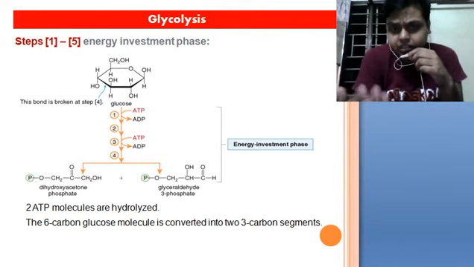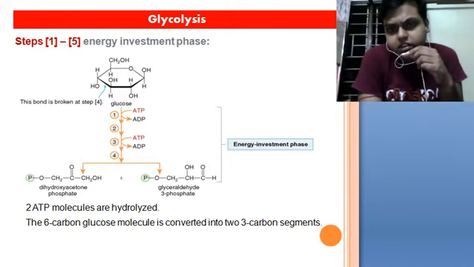In reactions 1 and 3, marked here, ATP is converted to ADP, that is where 2 ATP are utilized. In this first portion of glycolysis, the energy investment phase, the cyclic glucose molecule is converted to two molecules.